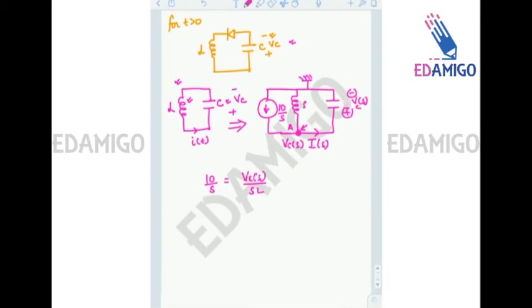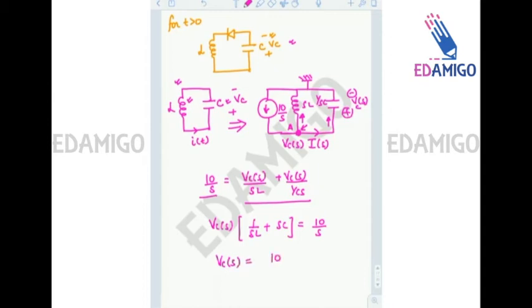So this will be SL and this will be 1 upon SC, right? VCS upon SL is the current going here, and similarly VCS upon 1 upon CS is the current going in this branch. So incoming current equals outgoing current, as we can see here. So VCS times (1 upon SL plus SC) is equal to 10 by S.